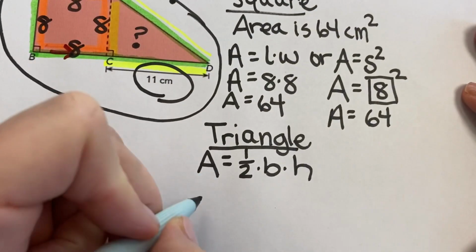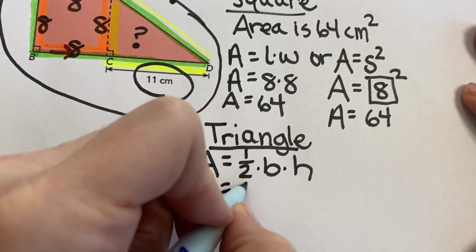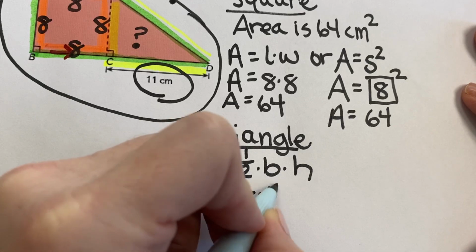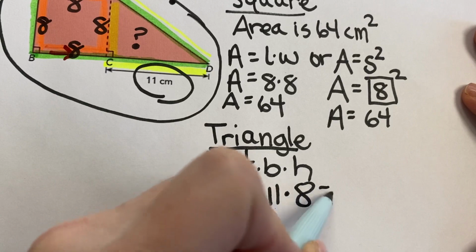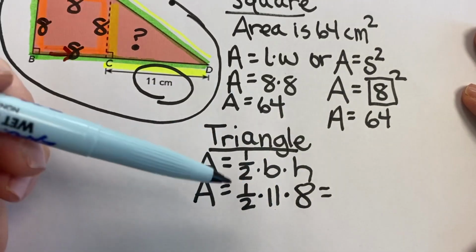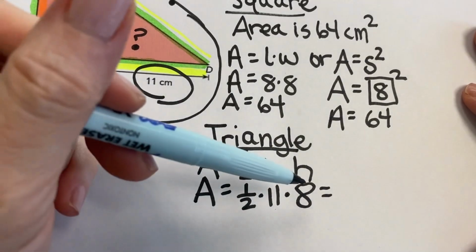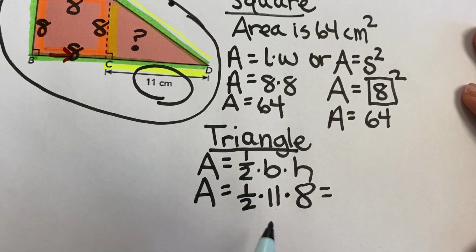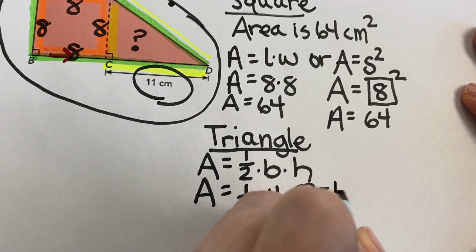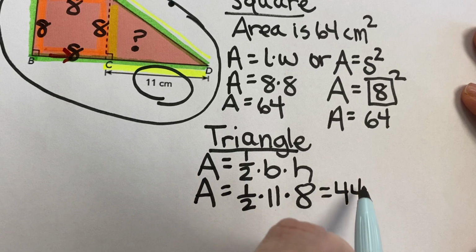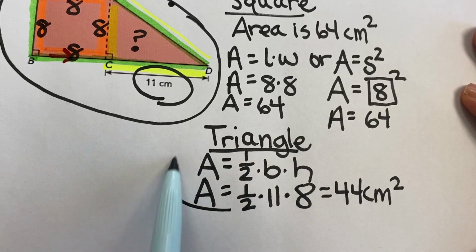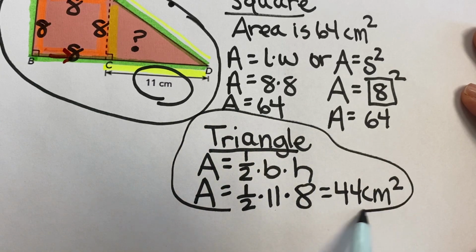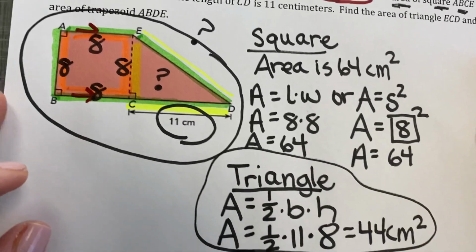Perfect. So that's going to be 1/2 times 11 times 8. And you can put that into your calculator, or you can take 1/2 of 8 and multiply by 11 if you want to do it in your head. I think that's going to be 44 centimeters squared. So that's going to be the first question. Area of the triangle is 44 centimeters squared.